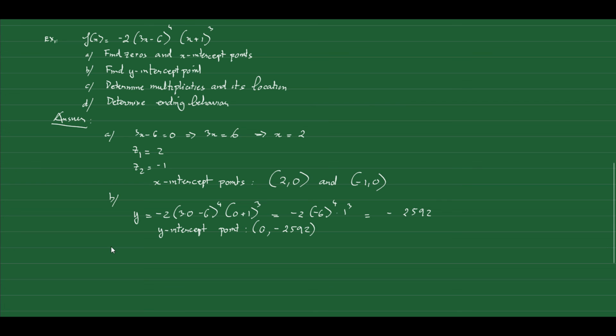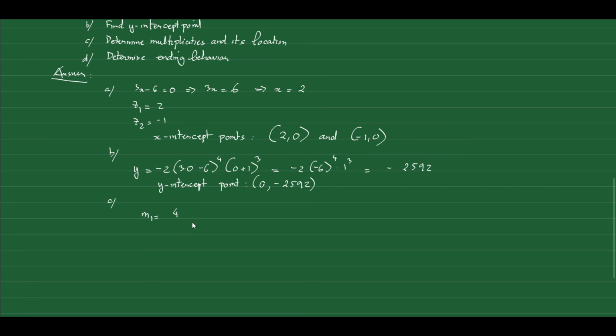Part C, determine multiplicity. Very easy. So M1 is 4, and this is even, so the graph will be touching the x-axis at the x corresponding to that, which is x equals 2.